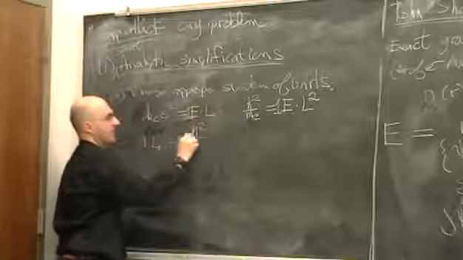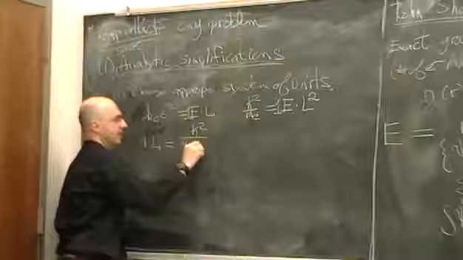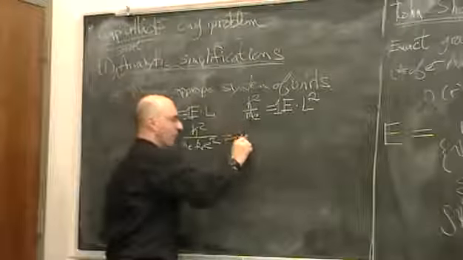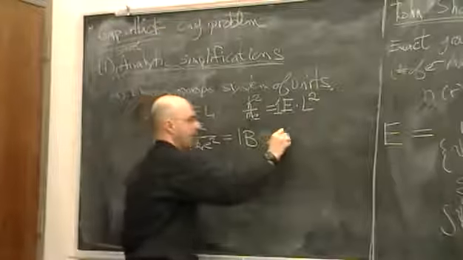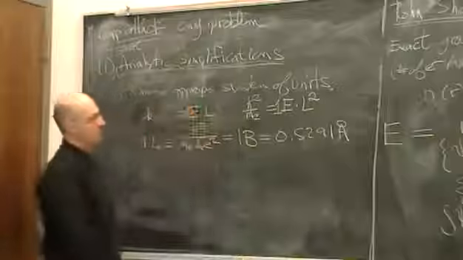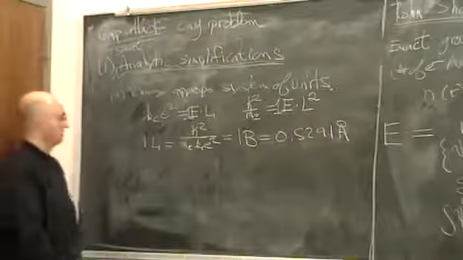h bar squared over m_e k_c e squared, which turns out to be the well-known Bohr, and that has a value of about 0.5291 angstroms. So we'll just remember when numbers come out of our code, that's the unit of distance.